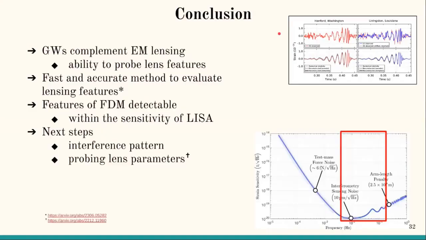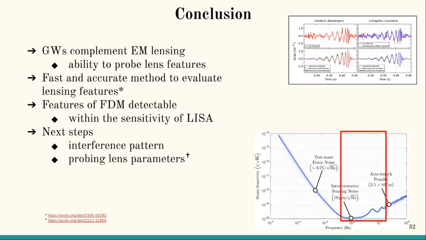And finally, to conclude, the lensing of gravitational waves is highly complementary to electromagnetic lensing, which allows us to have a better lens reconstruction because of its wave optics diffractive features. This is one of the things that I haven't discussed in detail. That is, the group has developed a fast and very accurate method to evaluate those lensing features.